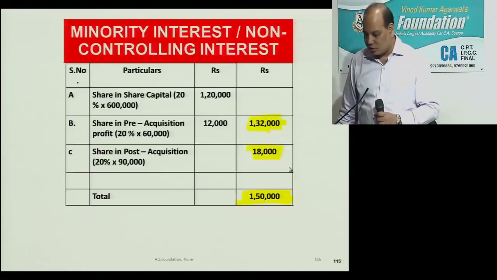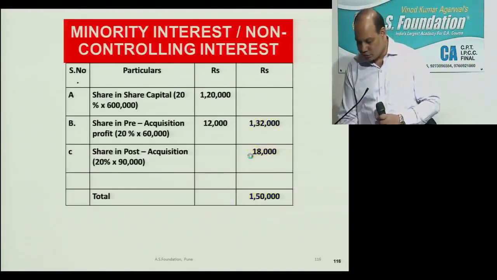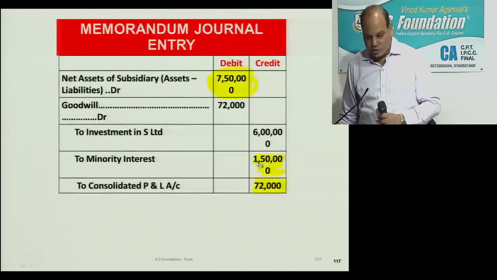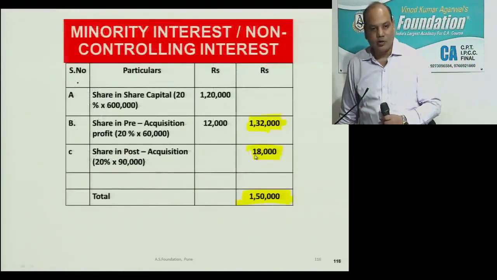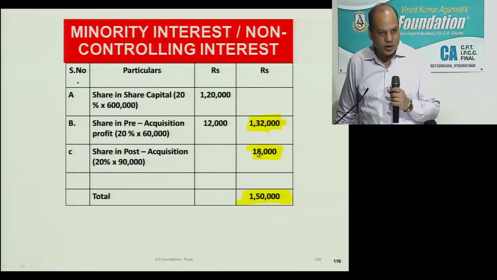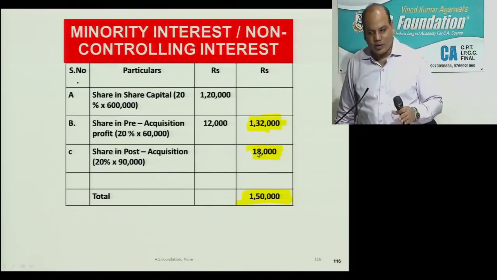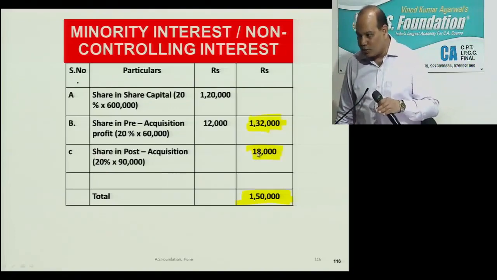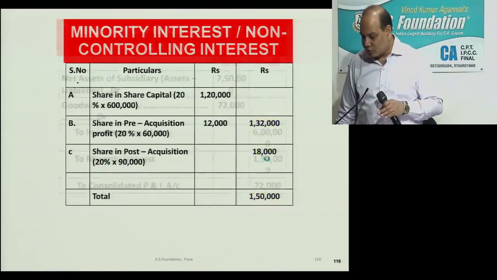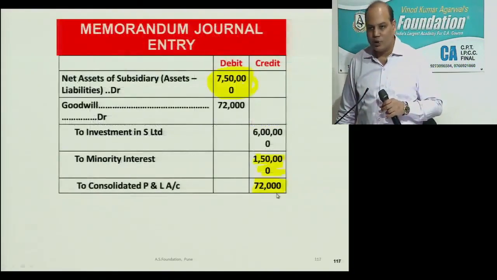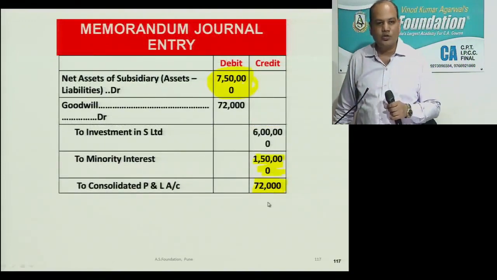This 18 is the share of the minority interest in the post-acquisition change in the net asset of the subsidiary company. So out of that 90 increase, 18 belongs to minority, and 72 belongs to the parent, which will be added in the consolidated profit and loss account of the parent.